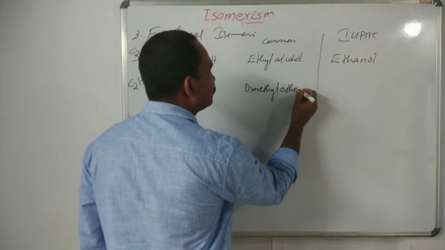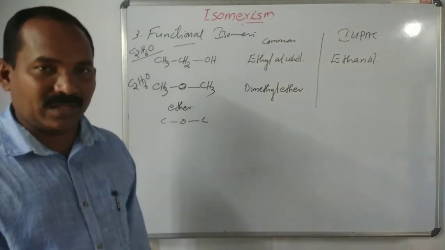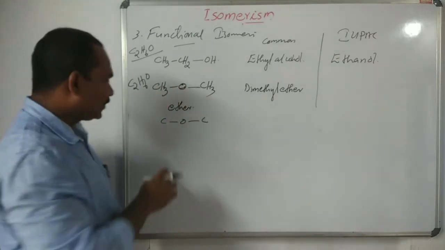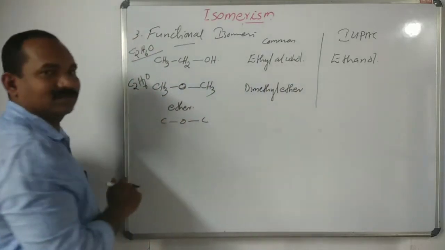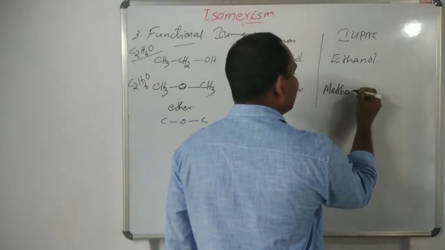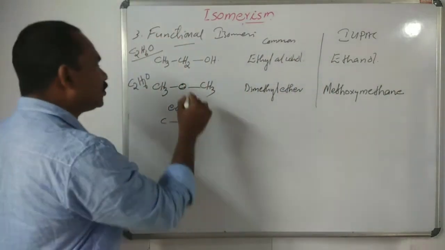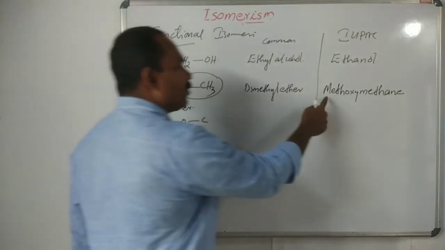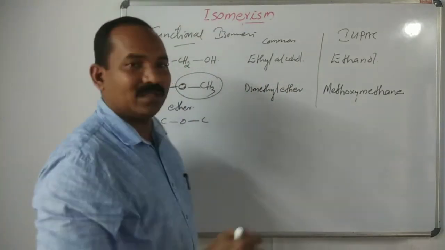The C-O-C link is the ether link or ether functional group. On either side of the oxygen, there is a methyl group, so that's why dimethyl ether. But the IUPAC name is methoxymethane. One of the groups is considered as an oxy group, so methyl group and oxygen give methoxy, and the one carbon hydrocarbon is methane.